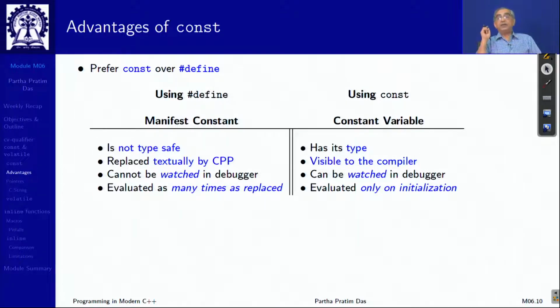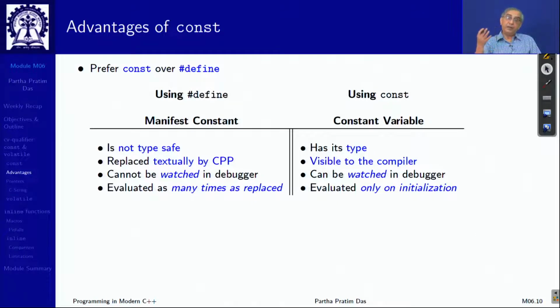Since manifest constants are replaced by the preprocessor, they cannot be watched in the debugger. You cannot see the value of n in the debugger if n is a manifest constant, whereas if it is const int, you can see it in the debugger. And also the manifest constant, like the pi expression we saw, wherever they are replaced they are evaluated.